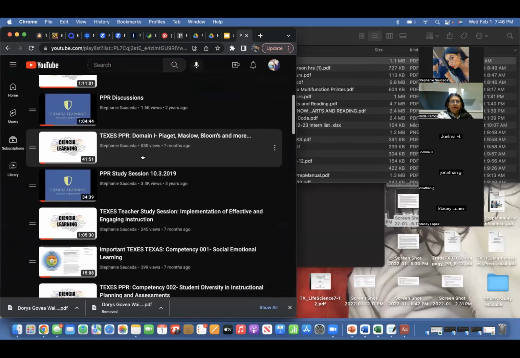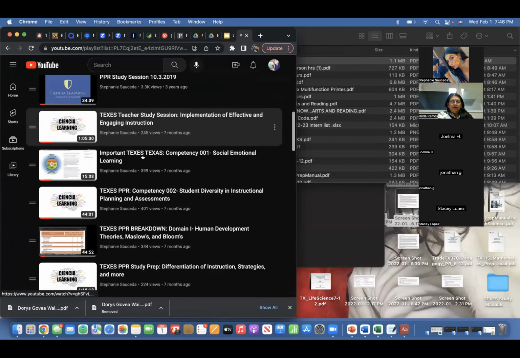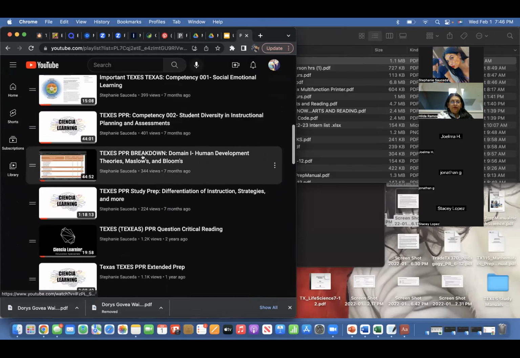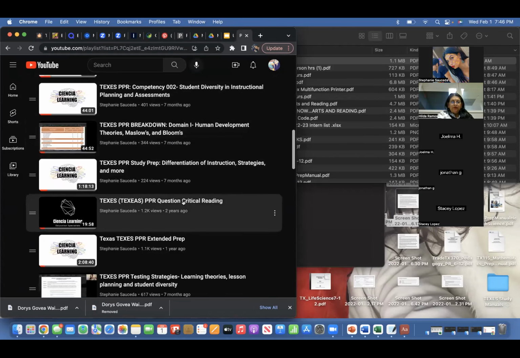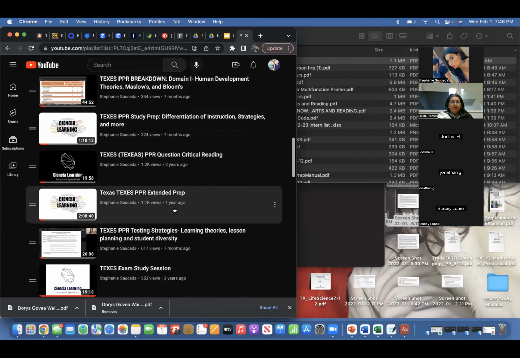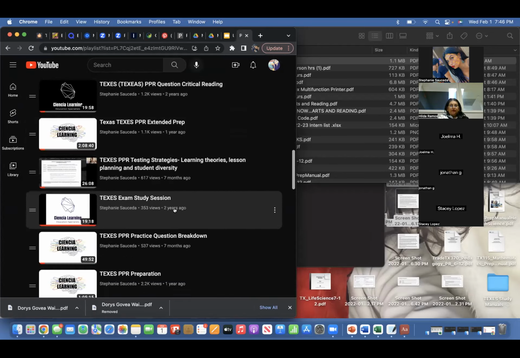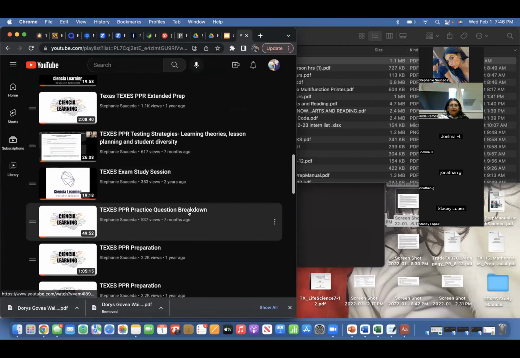Then social studies, and PPR critical reading, where we go into the questions as well. PPR question breakdown here. Many of these have, if you fast forward midway, we usually do it at the end, a little instruction going over the different standards or domains and the different concepts or best practices we have to keep in mind. And then we go into the breakdown of the questions.